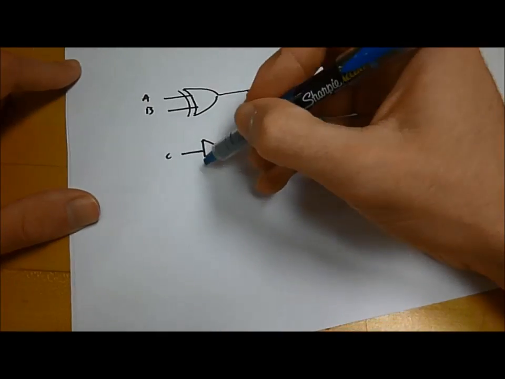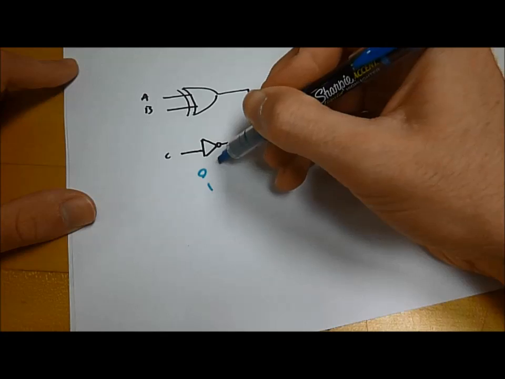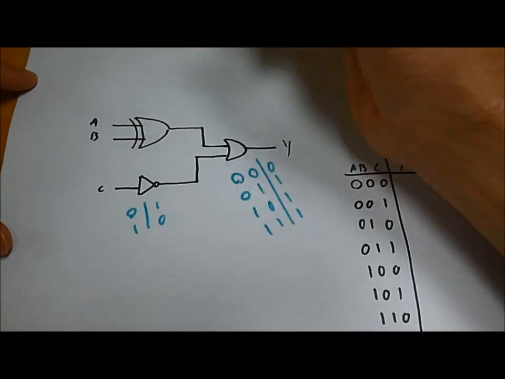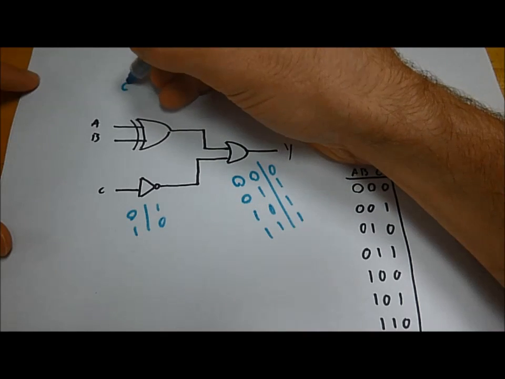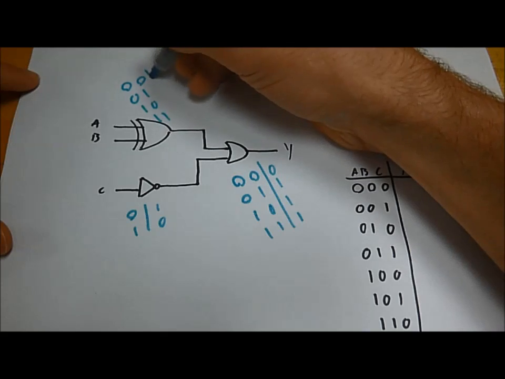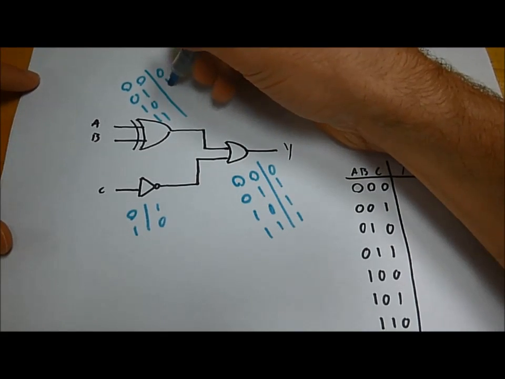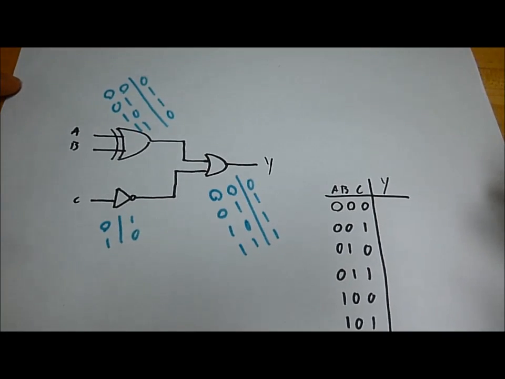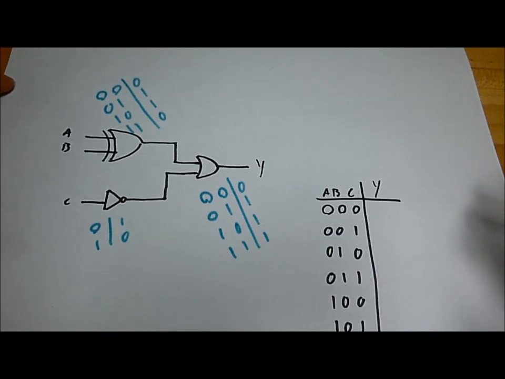For the NOT gate, 0, 1 will get us 1, 0. And for the exclusive OR gate, we will have 0, 0, 0, 1, 1, 0, 1, 1 will give us 0, 1, 1, 0.